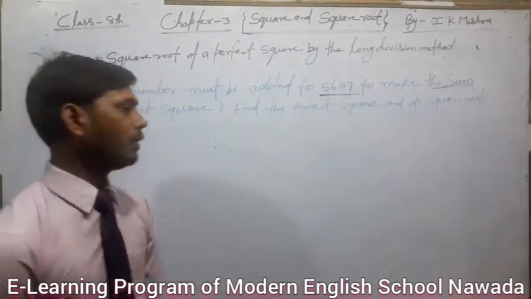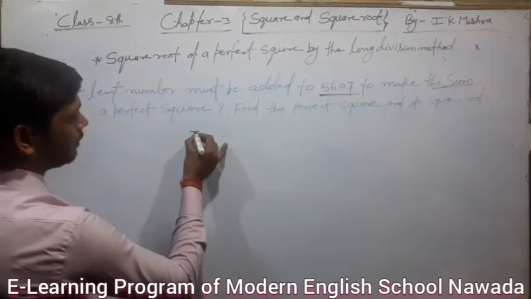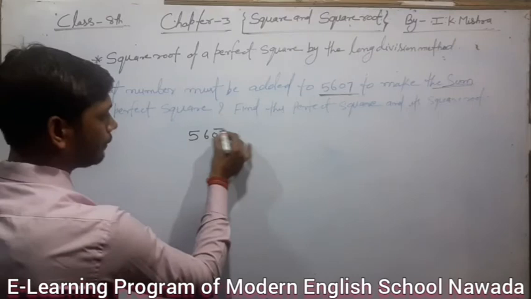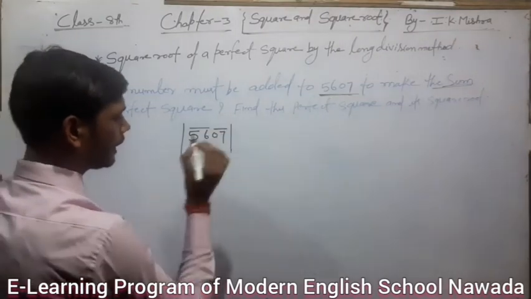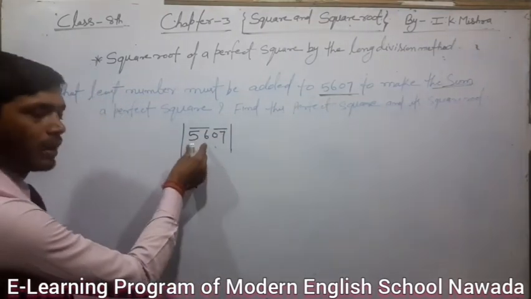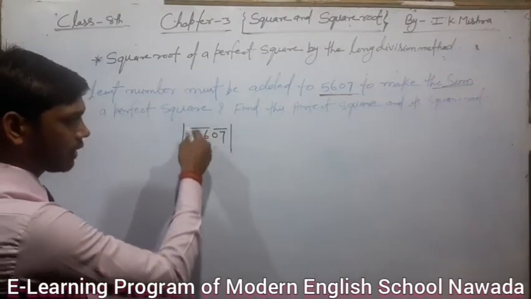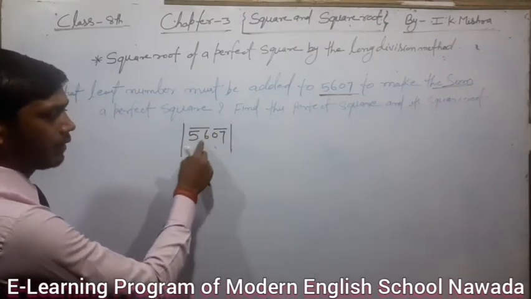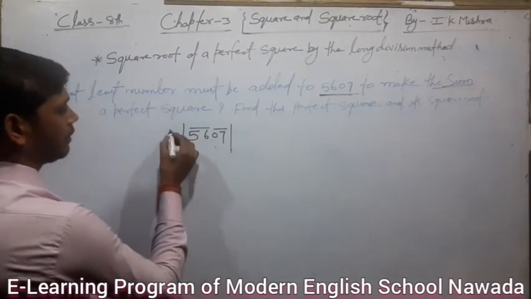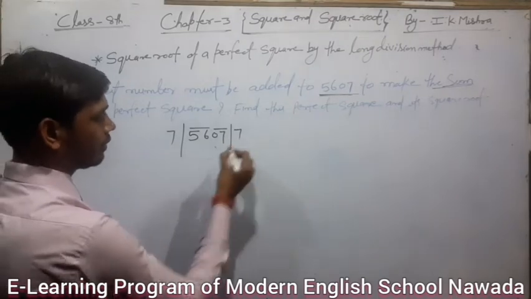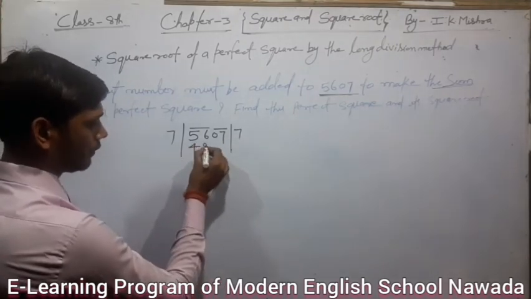Here 5607. First of all, make pairs and think by which number it is divided to get a square number just less than 56. Here you write 7 times, 7 times 7 is 49.